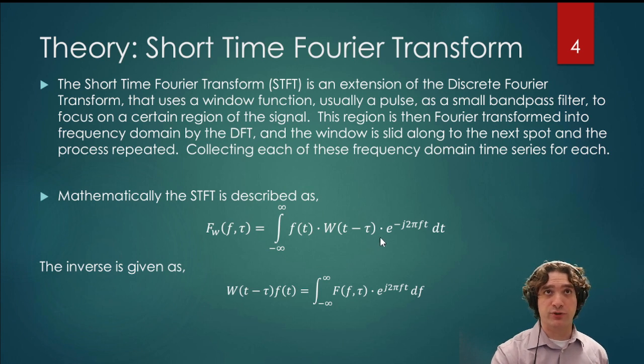Now, it turns out that for certain choices of windows, there will exist a way to invert the function back to f of t, and for other choices of window function, the frequency domain representations of the time frequency plot will not be invertible.